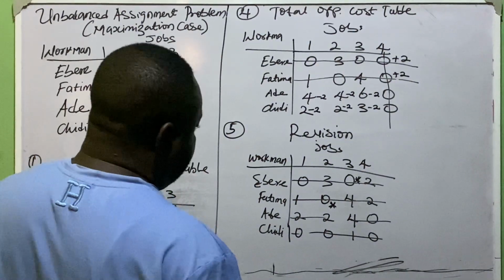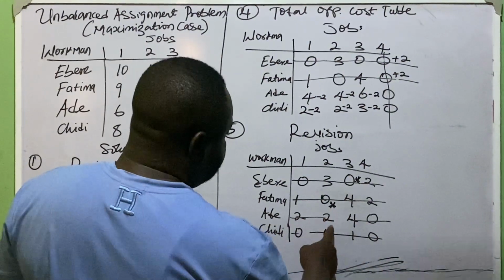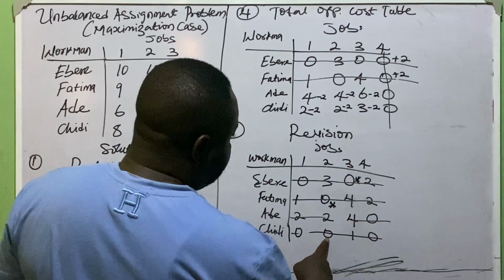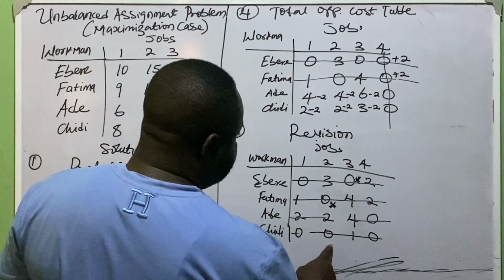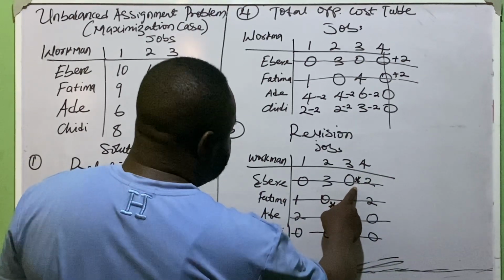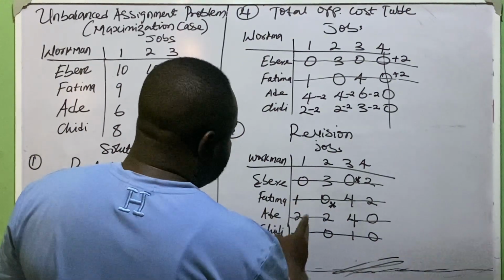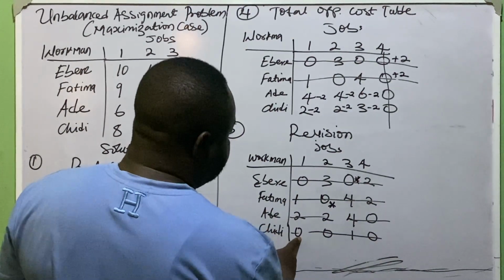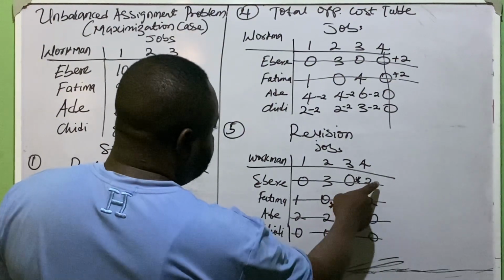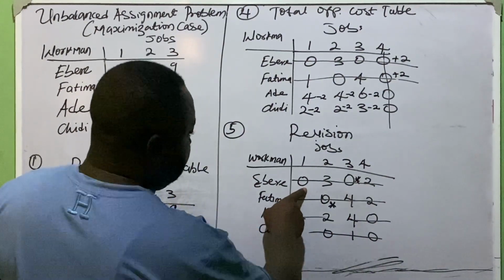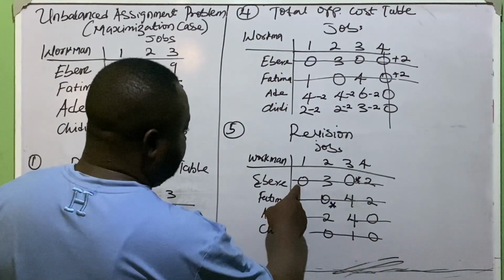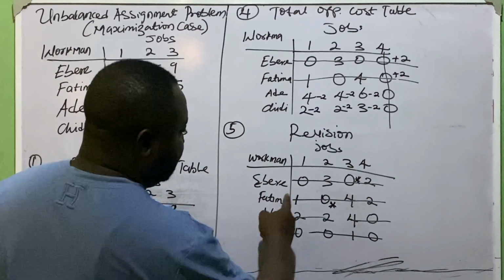Okay. So having given this man, it has killed this 0. And having given this man, it has killed this 0. And having given this man, it has also killed this 0. So we can now give this man, because this will now be alone. This one cannot take any assignment now.